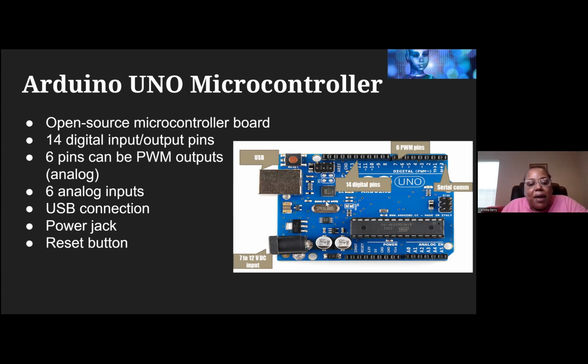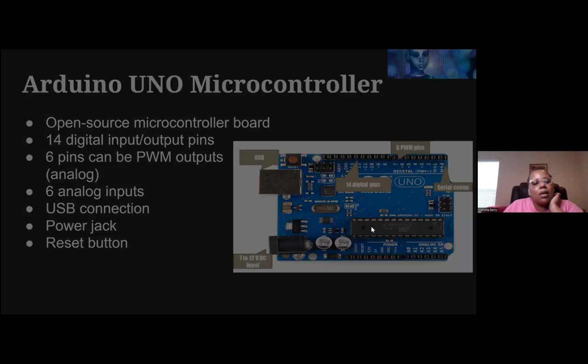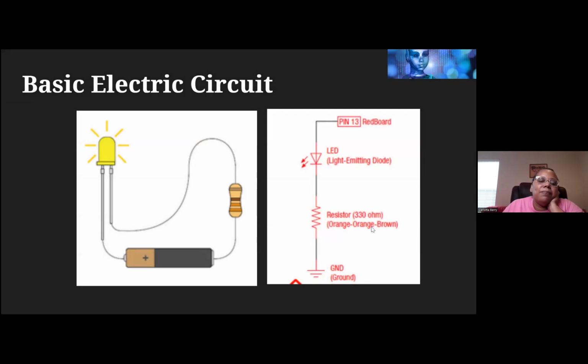So this is the brain for your robot. We program this microcontroller and we attach things to it in order to get the robot to work. So think about what a basic electric circuit is. This is like the hello world of electronics, to always turn on a light. And this is the first step in getting your robot working. So to turn on a light, you're going to have a battery, a resistor, and a light emitting diode.